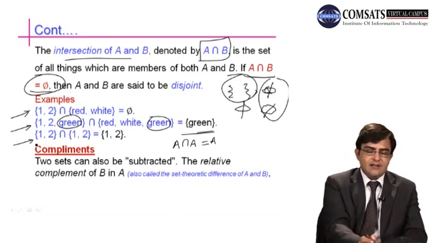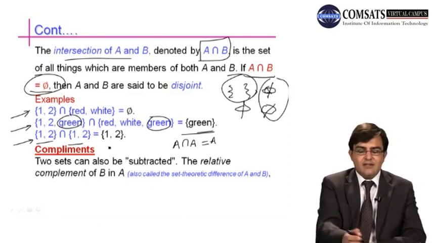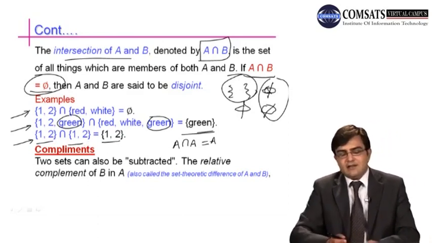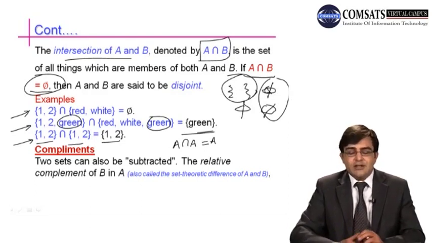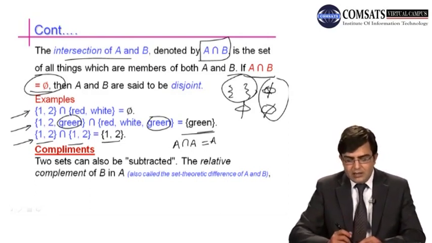So in intersection we take common elements, those which belong to A and also belong to B. This is what we do in union and intersection.